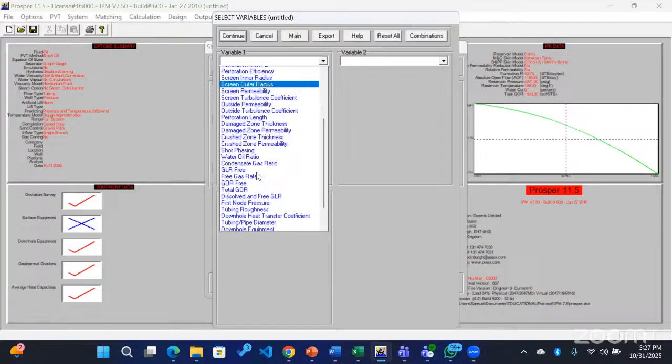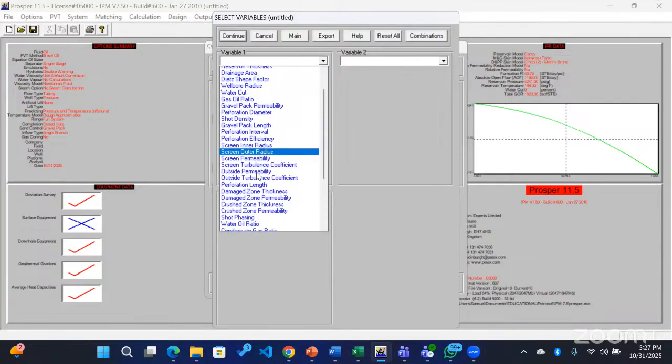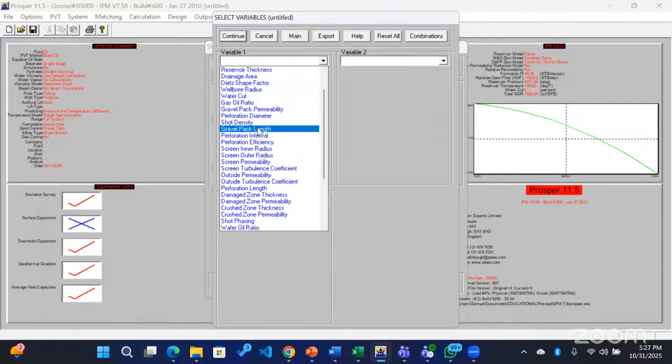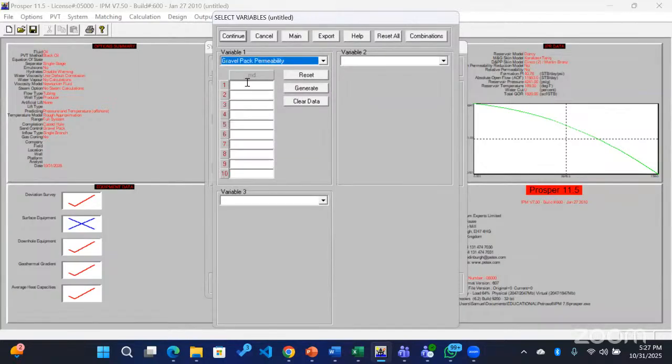Let me look for it. You can't see it yet. Okay, so let's assume, first, let's just have 5 cases. The first case is 15,000. The next case is 20,000. The next case is 25,000.